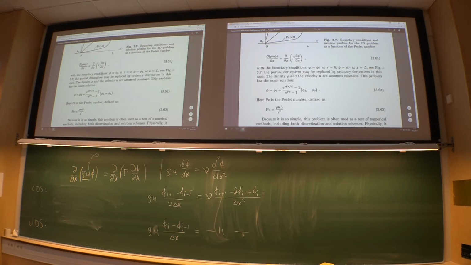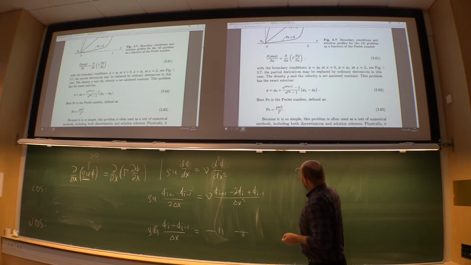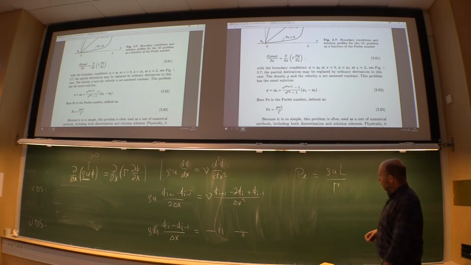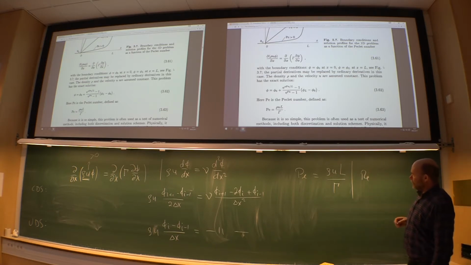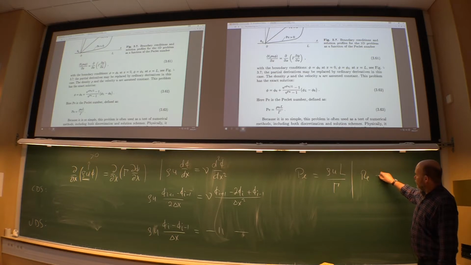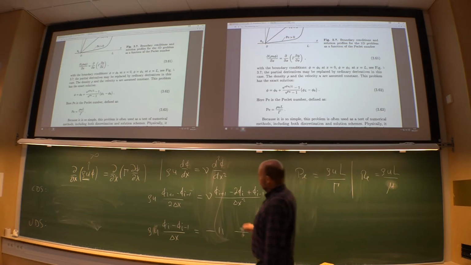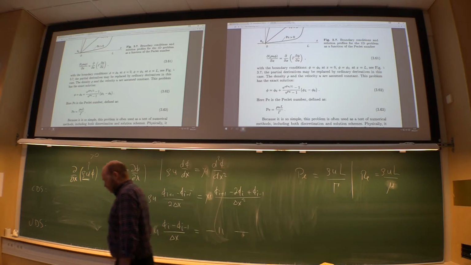And this Peclet number, what will it be? Peclet number, it is rho u length over this gamma, which we then instantly recognize as a Reynolds number. So here you'll have rho u and then the same length scale, but we use not that viscosity, we need the other one, sorry. There we have it.